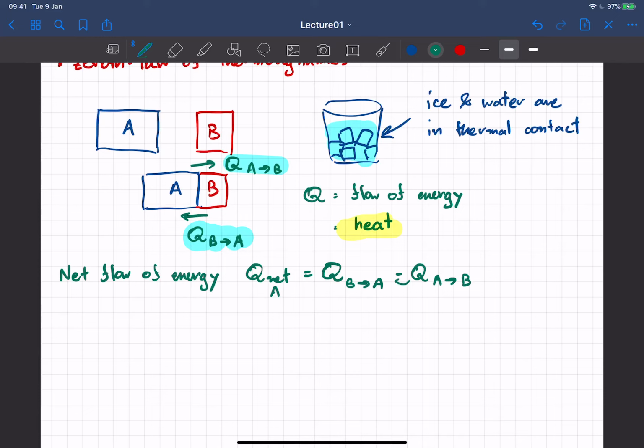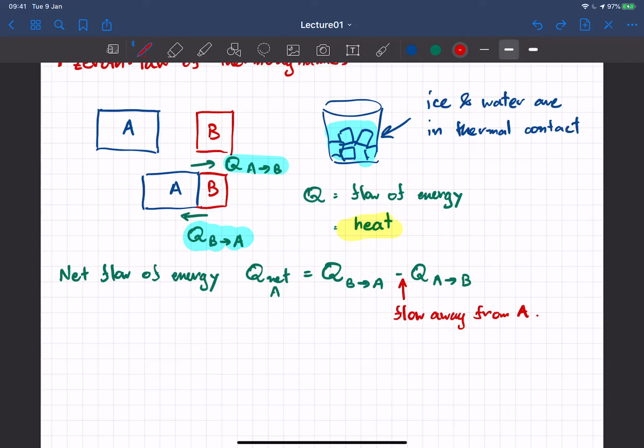Right. So why the minus sign? The minus sign is because this part of the heat flows away from object A. Okay. So object A loses energy because of this term, and object A gains energy because of this term. Okay, so the sign is very important.